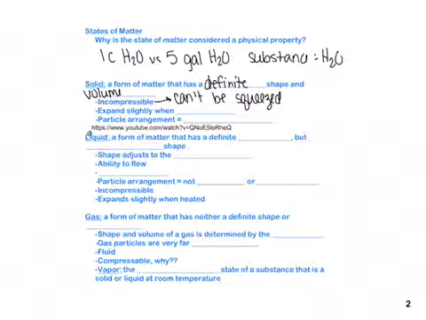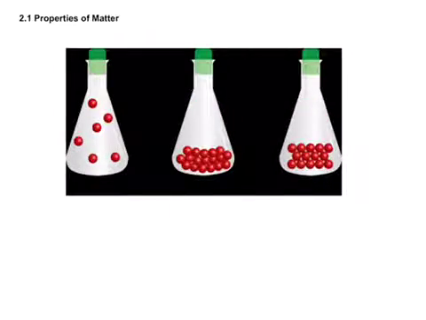They won't change shape usually. Solids usually expand slightly when heated. And their particle arrangement is very orderly. So when you look over here on this next slide, these particles are very ordered. They are arranged very neatly. So this is representative of a solid state of matter.